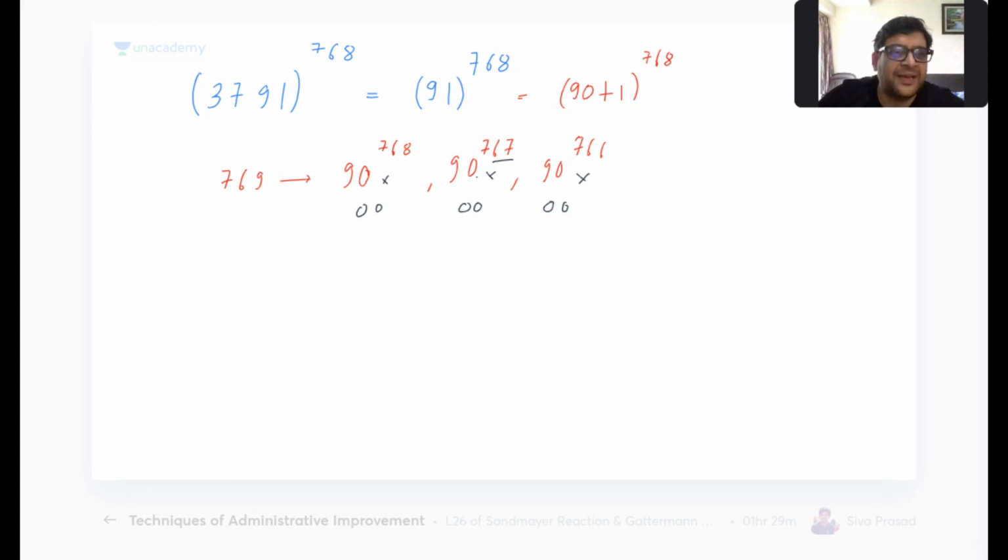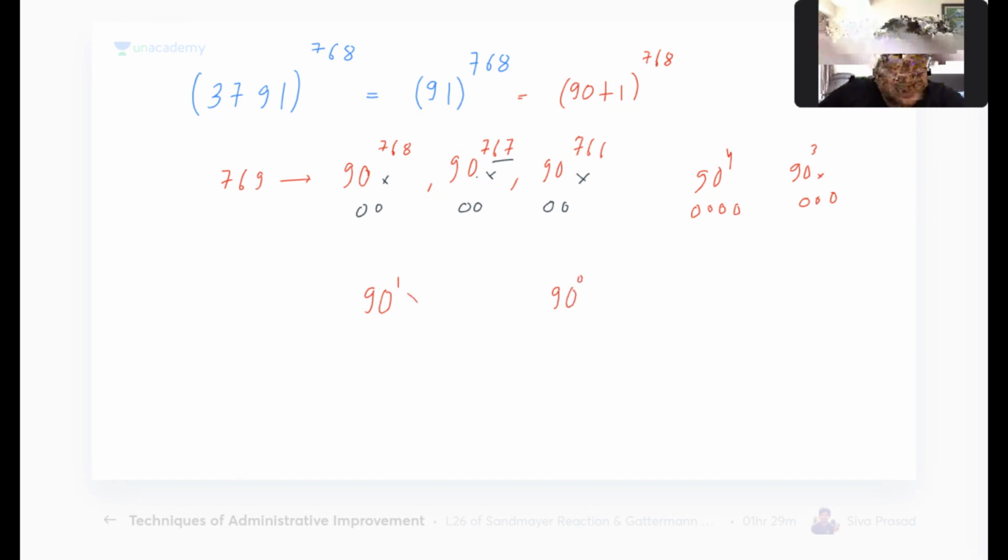Which will be the only terms which will not have the last two digits as 0, 0? What about 90 to the power 4? This will have 4 zeros in the end. What about 90 cube into something, whatever it is getting multiplied with? It will have 3 zeros in the end. The terms which will not have 3 zeros in the end will be the terms which have 90 to the power of 1 and 90 to the power of 0.